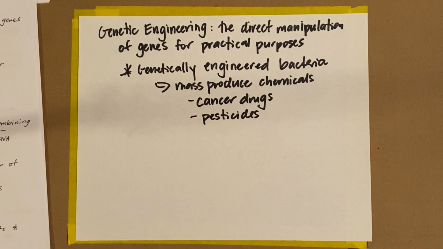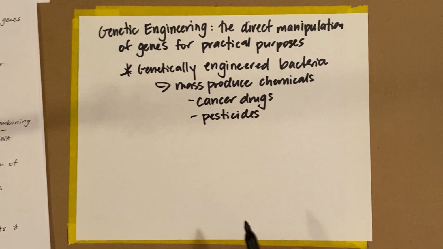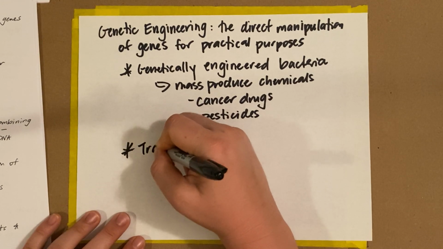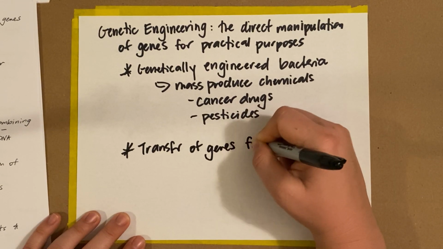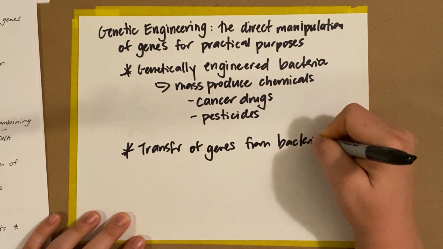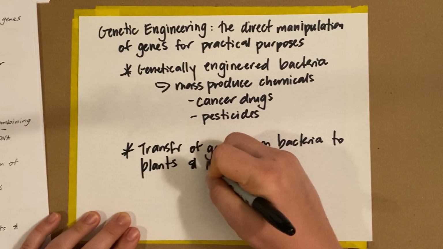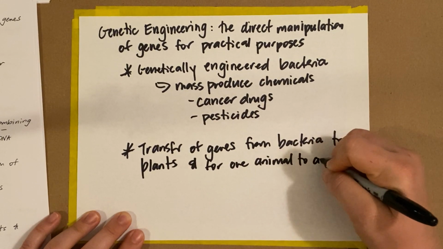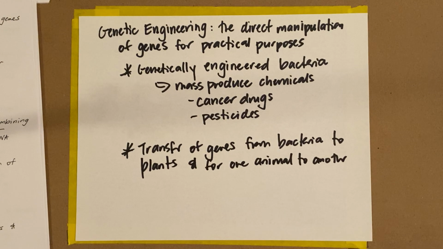So this is using bacteria as basically little factories to make different things that we want. And there have been times where there's been transfer of genes from bacteria to plants, and from one animal to another. Okay, so all of these are types of genetic engineering where you're manipulating the genes for a practical purpose.